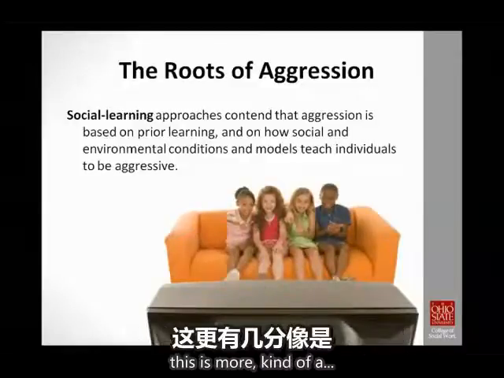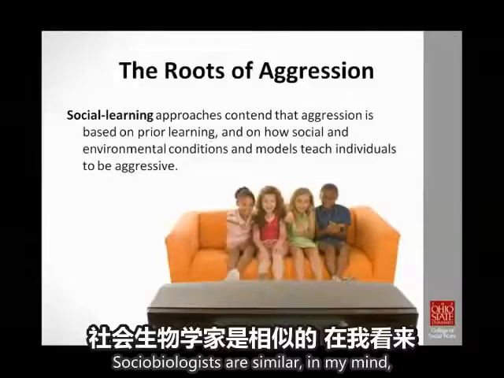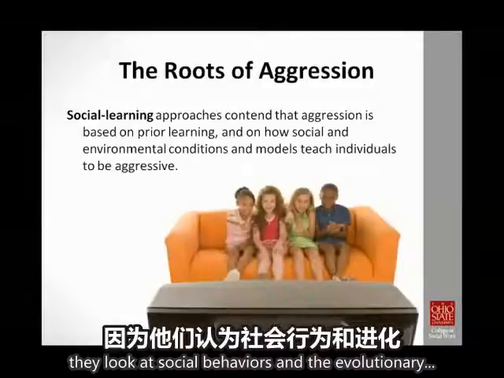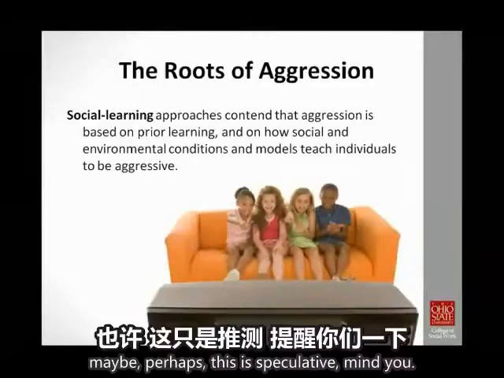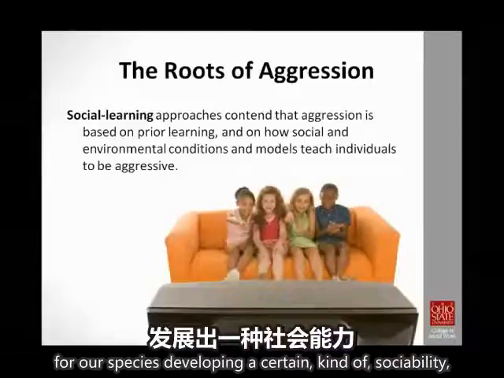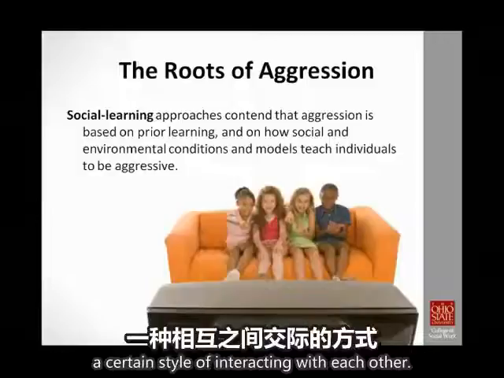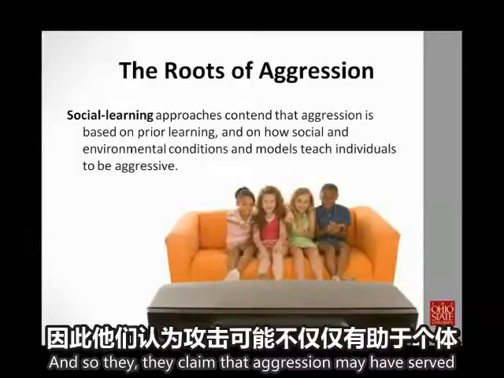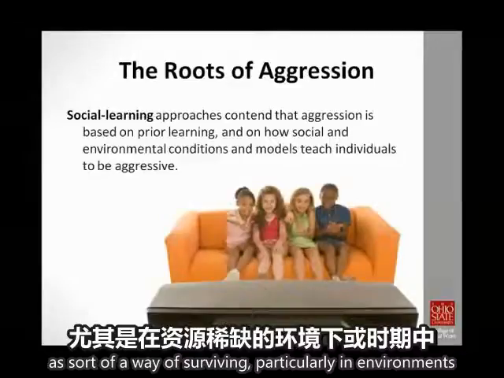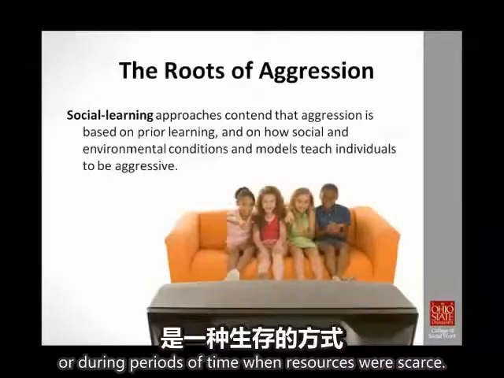Sociobiologists are similar, in my mind, to evolutionary biologists in that they look at social behaviors in the evolutionary, perhaps, this is speculative, mind you, but what may have been the evolutionary advantages for our species developing a certain kind of sociability, a certain style of interacting with each other. And so they claim that aggression may have served not only individuals but communities as a way of surviving, particularly in environments or during periods of time when resources were scarce.